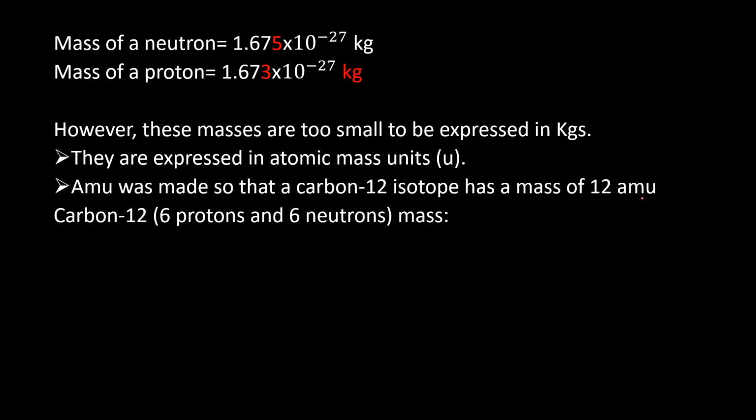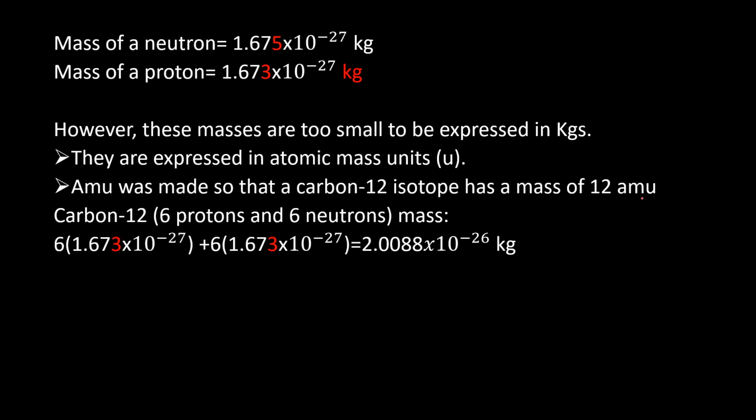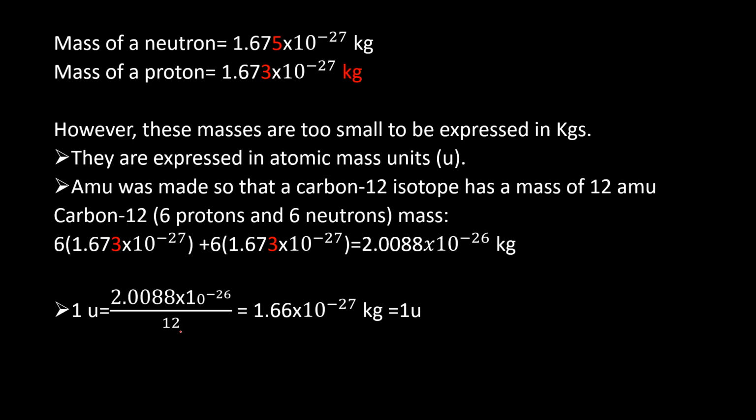The mass of carbon-12, which has 6 protons and 6 neutrons, is this number. Now they divided this number by 12 to get this number. This number multiplied by 12 is the mass of carbon, and it equals 1 atomic mass unit.